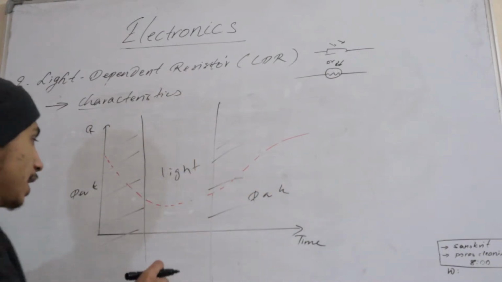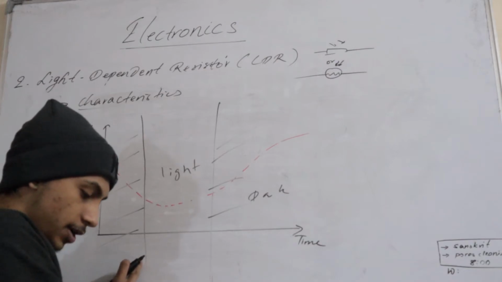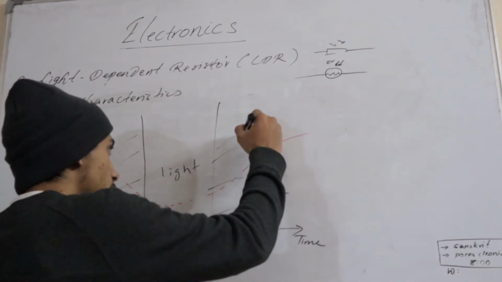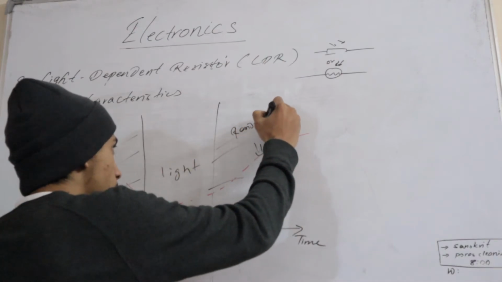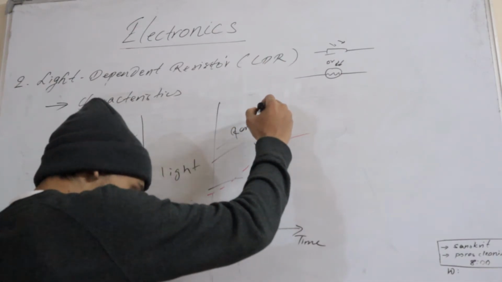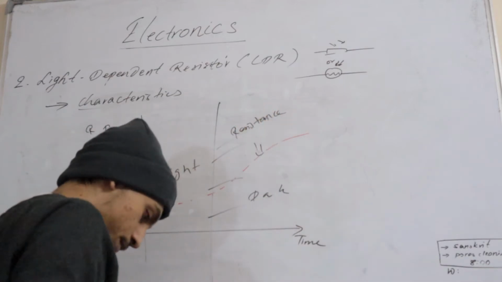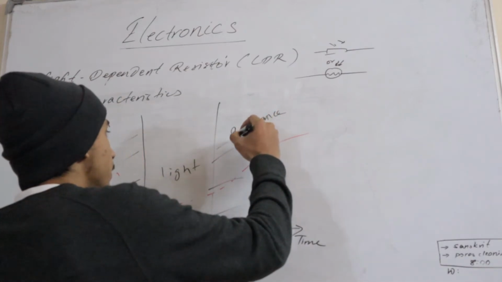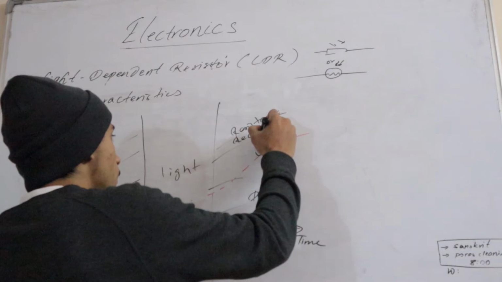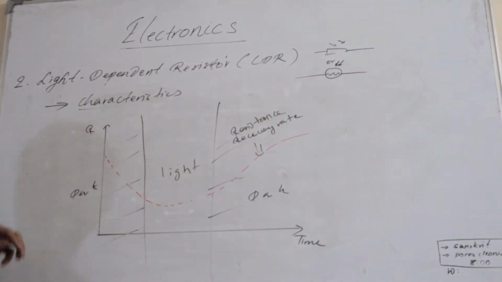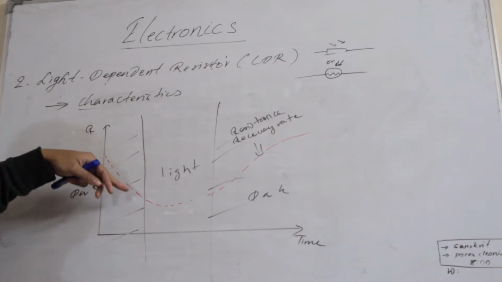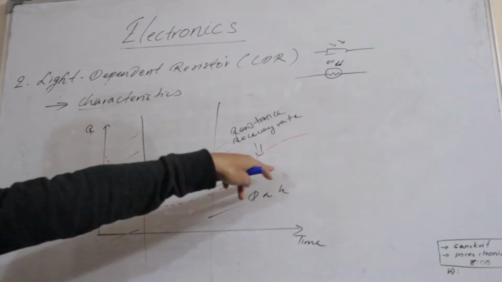So in reference to time, this is the resistance recovery rate. So at the dark portion, then the middle of light, and again it gets into dark.